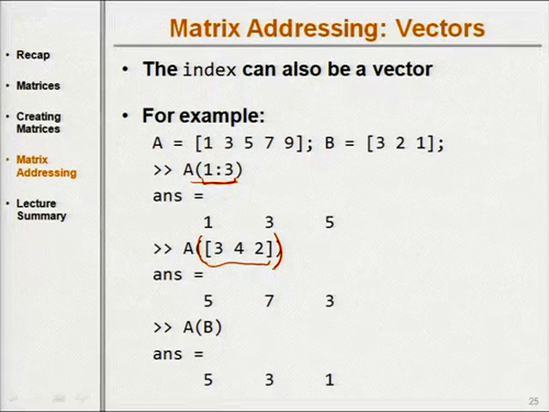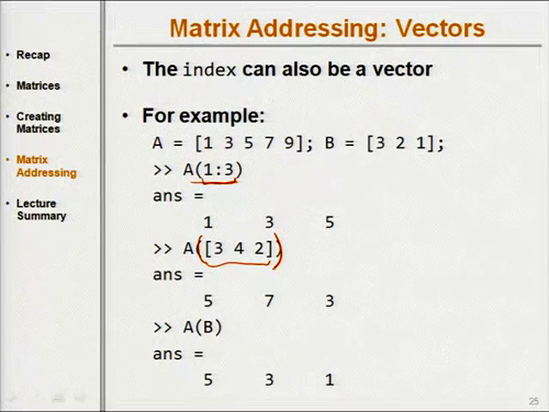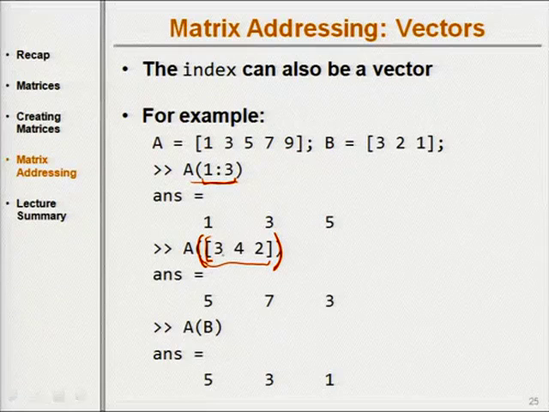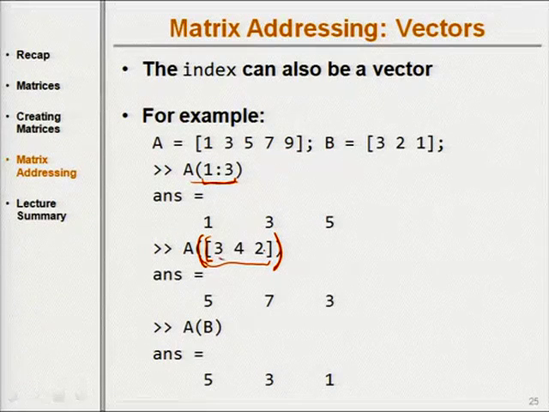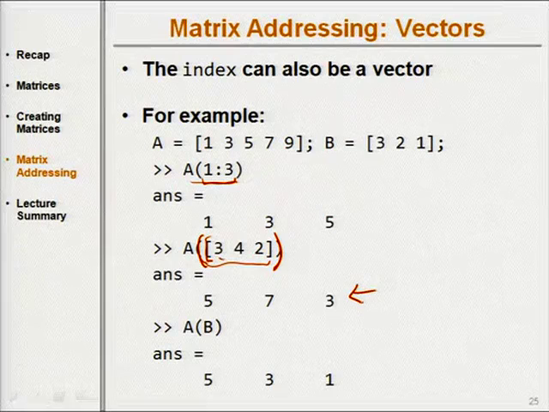But remember, from before, when you create a matrix using direct input, you need to use square brackets. So when you're addressing using direct input, you still use square brackets. You have your round brackets, which are addressing A, and the square brackets, so we'll get the 3rd, 4th, and 2nd numbers. And that will give you your new matrix.